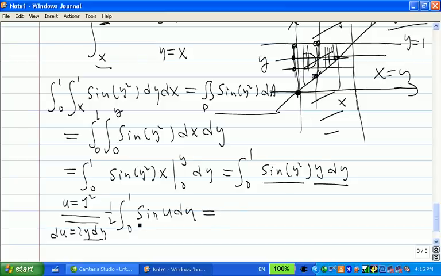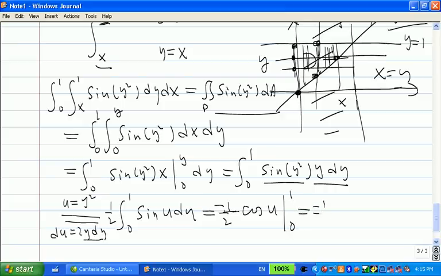One is you keep the limits 0 and 1, but once you integrate, you change u back to y. So this gives you 1/2 times negative cosine u. Either you change it here or you don't change it here.